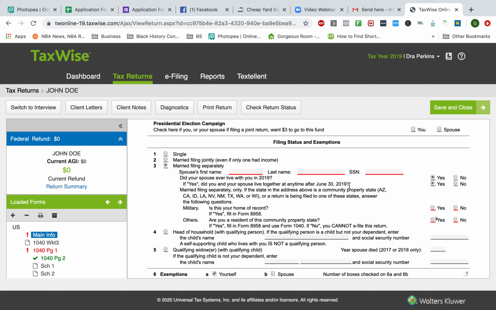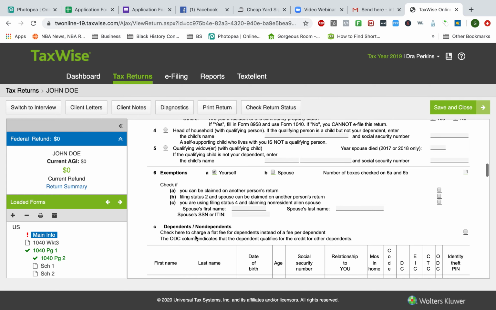So I would probably tell this guy, make sure you file, if you're going to file separate from your wife, if you filed the previous year without having your wife on a tax return, and you filed the previous 3 years without having your wife on a tax return, and this is the first time you're considering filing with one another, if he wants to file for himself, he can literally just put single. Okay. That's just something that I will do for my client. Instead of going through all of this married filing separately, he can put single, or if they want to file together, he put married jointly.